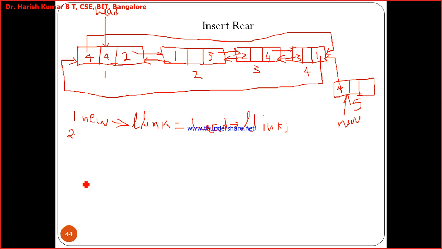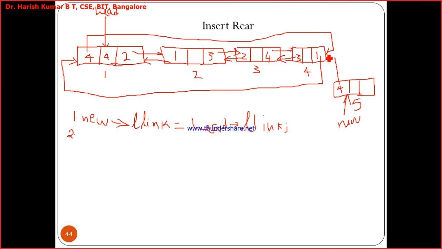What do you have to do? See, I stored the address of this node here. Now the address of the new node should be stored here. Yes or no? Yes, sir. How to do that? Head arrow L link, arrow R link is equal to new. Yes. Head arrow L link will give you this node.